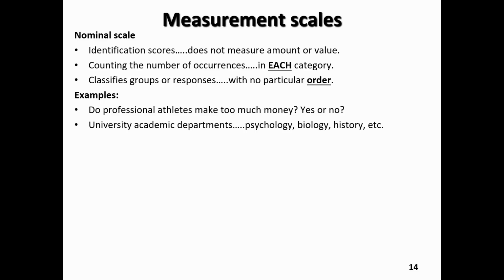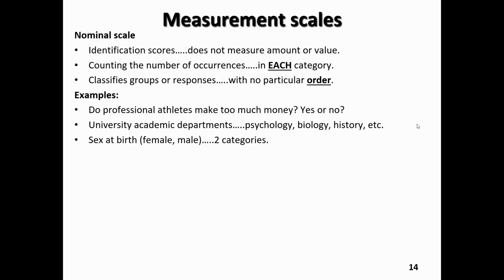If we want to count how many students are enrolled in different academic departments such as psychology, biology, history, management, business, once again here we're looking at a nominal scale, and we're just counting the number of occurrences within each of these different categories.